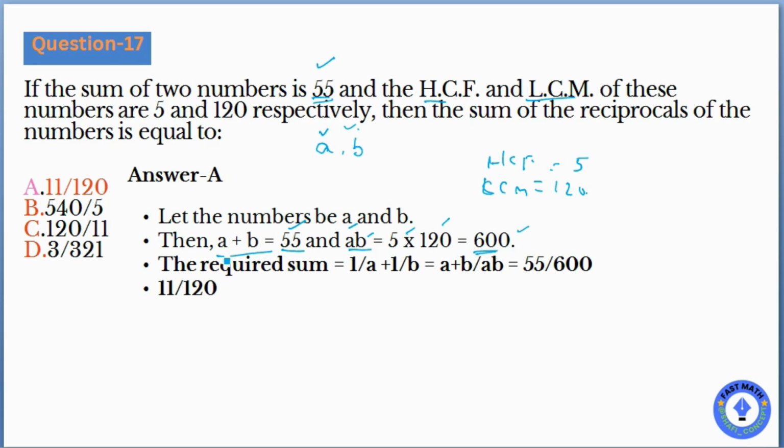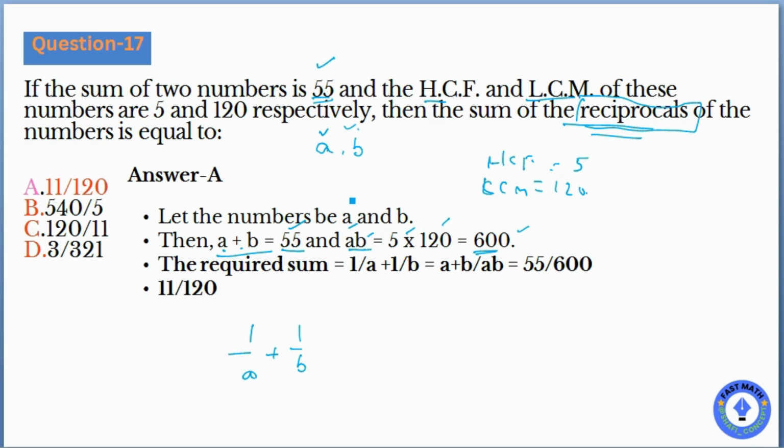Right now you know A plus B and AB. As per the problem, we need the sum of the reciprocals of the numbers. Reciprocal means 1 by that number. So 1 by A plus 1 by B is the sum of the reciprocals of these numbers.